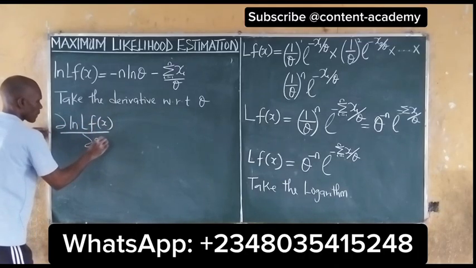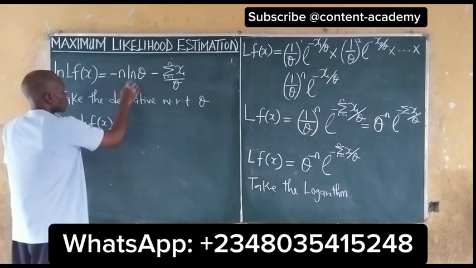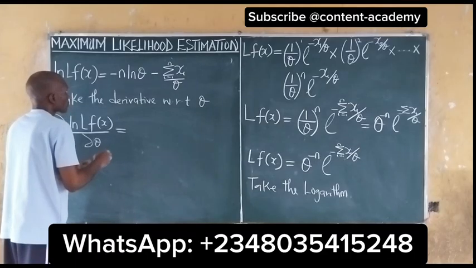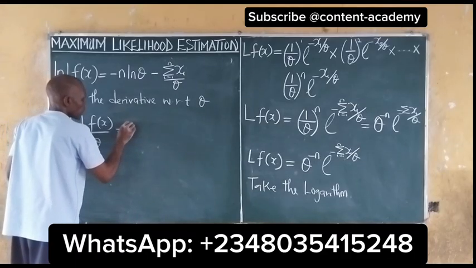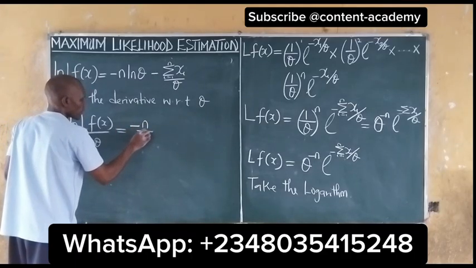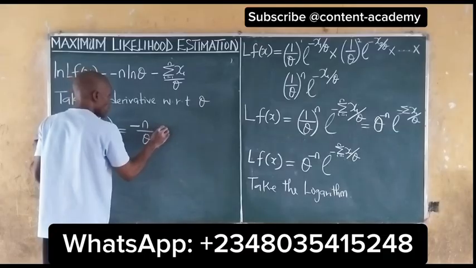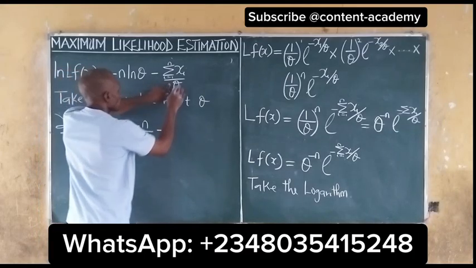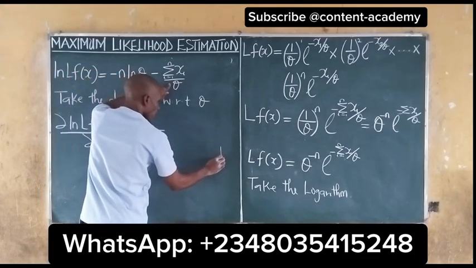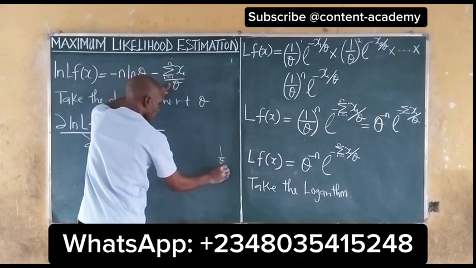So we take the derivative of this, we have negative n all over theta. Then for the other term, by the side, we have 1 all over theta, which is theta to the negative 1.